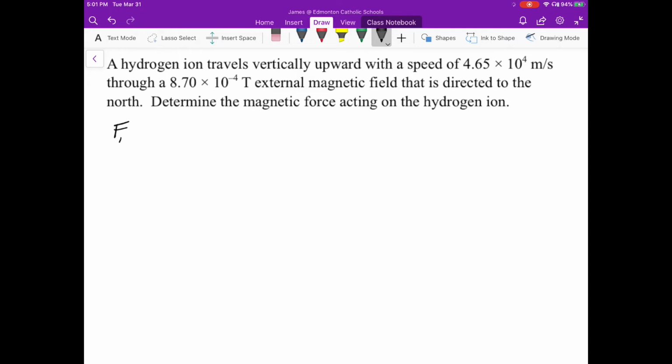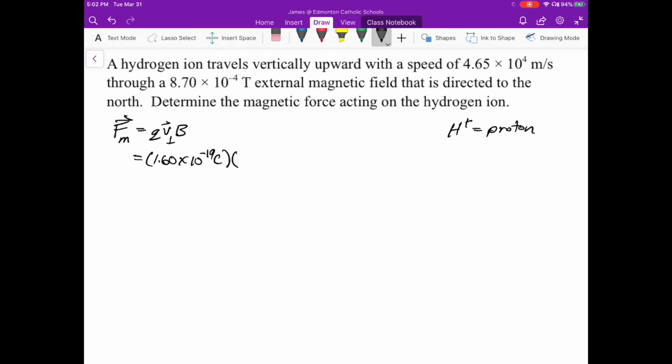So we've got magnetic force, qvB, and it is a hydrogen ion. A hydrogen ion is a proton, because a hydrogen atom has an atomic number of 1: 1 proton, 1 electron. You take away the electron to make an ion, and you just have the proton left. So a charge of 1.60 times 10 to the negative 19 coulombs.